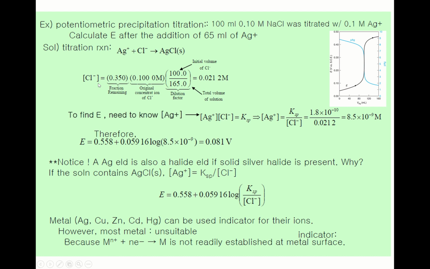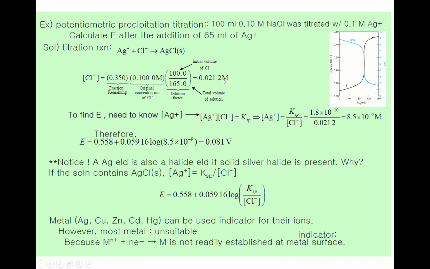The concentration is the same, so there is only, let's see, 100 minus 65 is 35, so 0.035 liters. This is the volume of chloride multiplied by this concentration, with the dilution factor. After adding the silver ion, the chloride ion concentration decreased to 0.0212 molar.